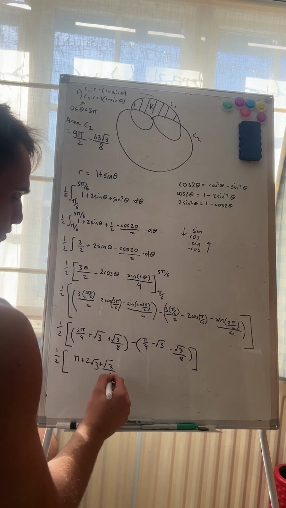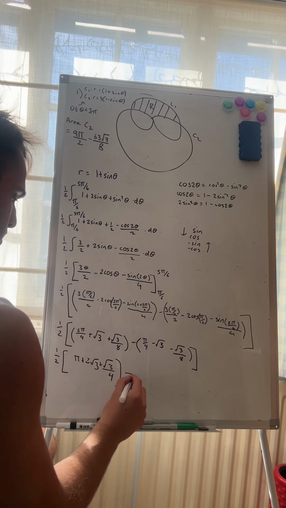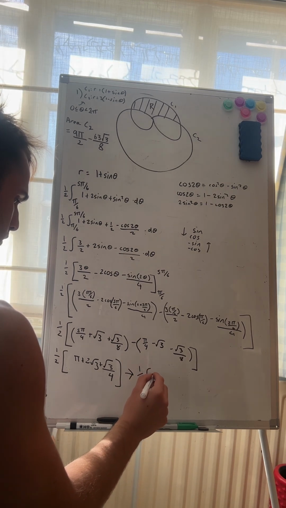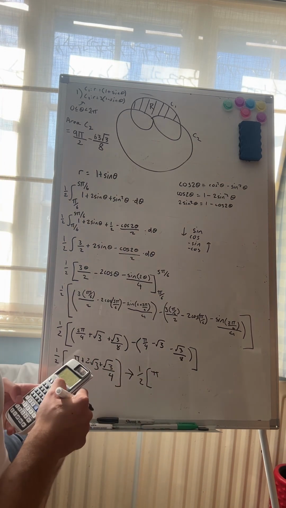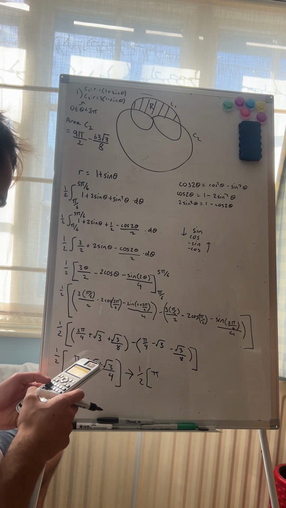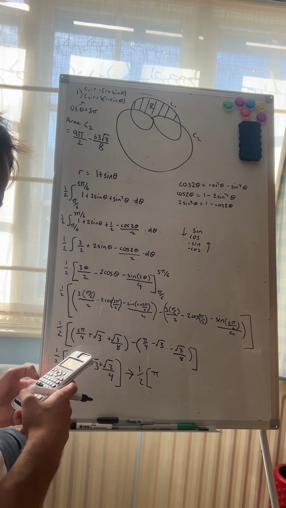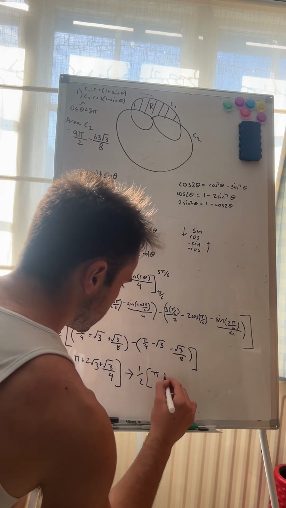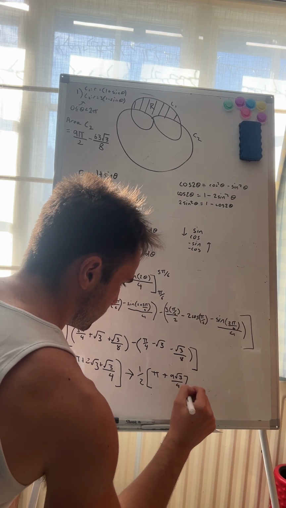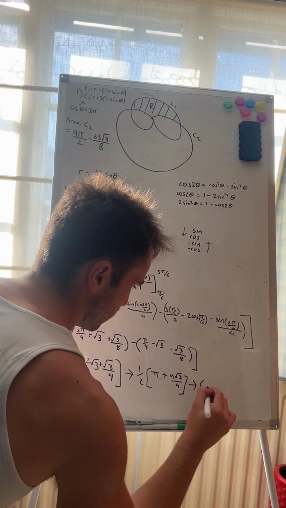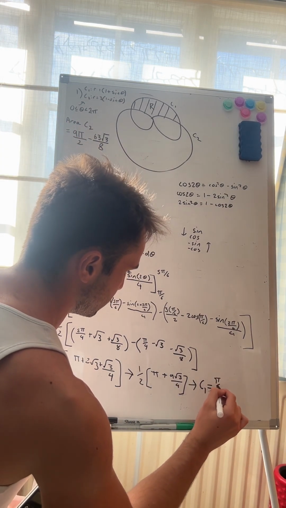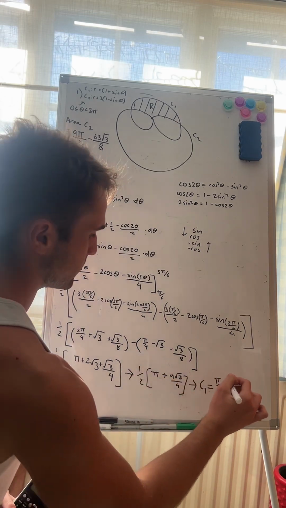Sorry, I was questioning reality then. So now this goes to a half of pi and 2 root 3 plus root 3 over 4, which is 9 root 3 over 4. So the area of C1 is, now we times it by the half, pi over 2 plus 9 root 3 over 8.